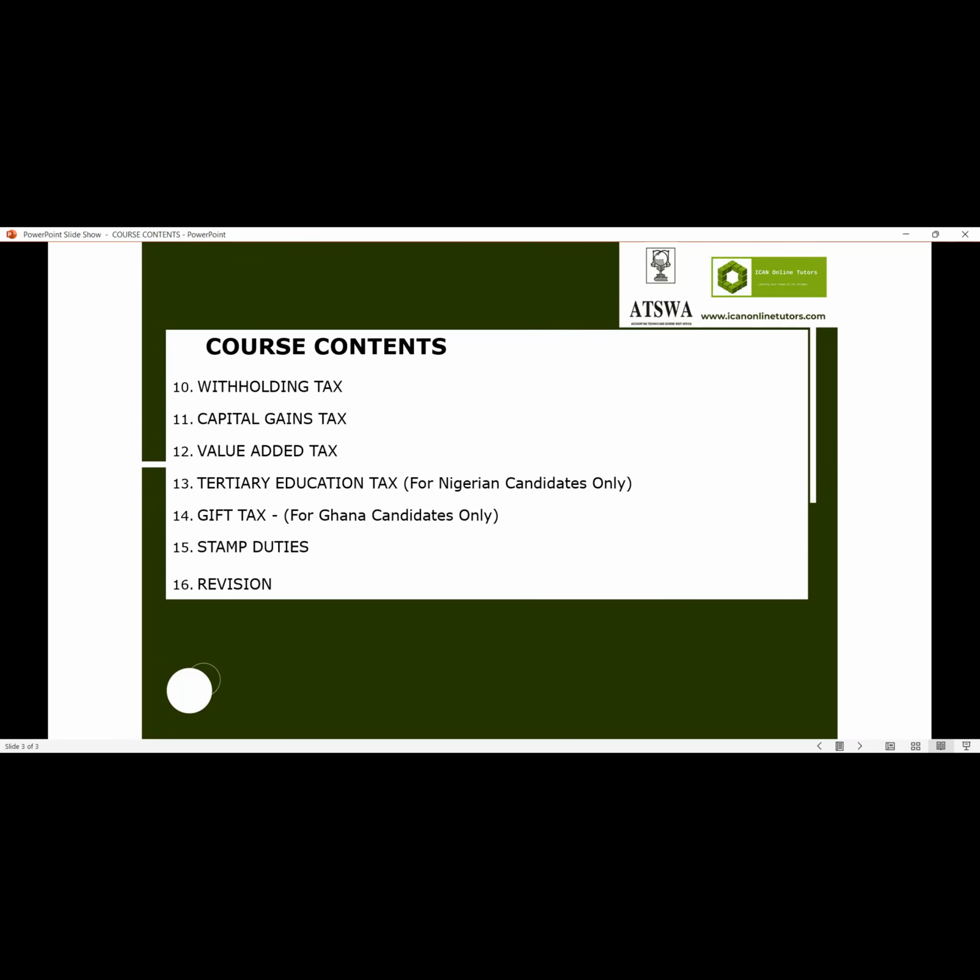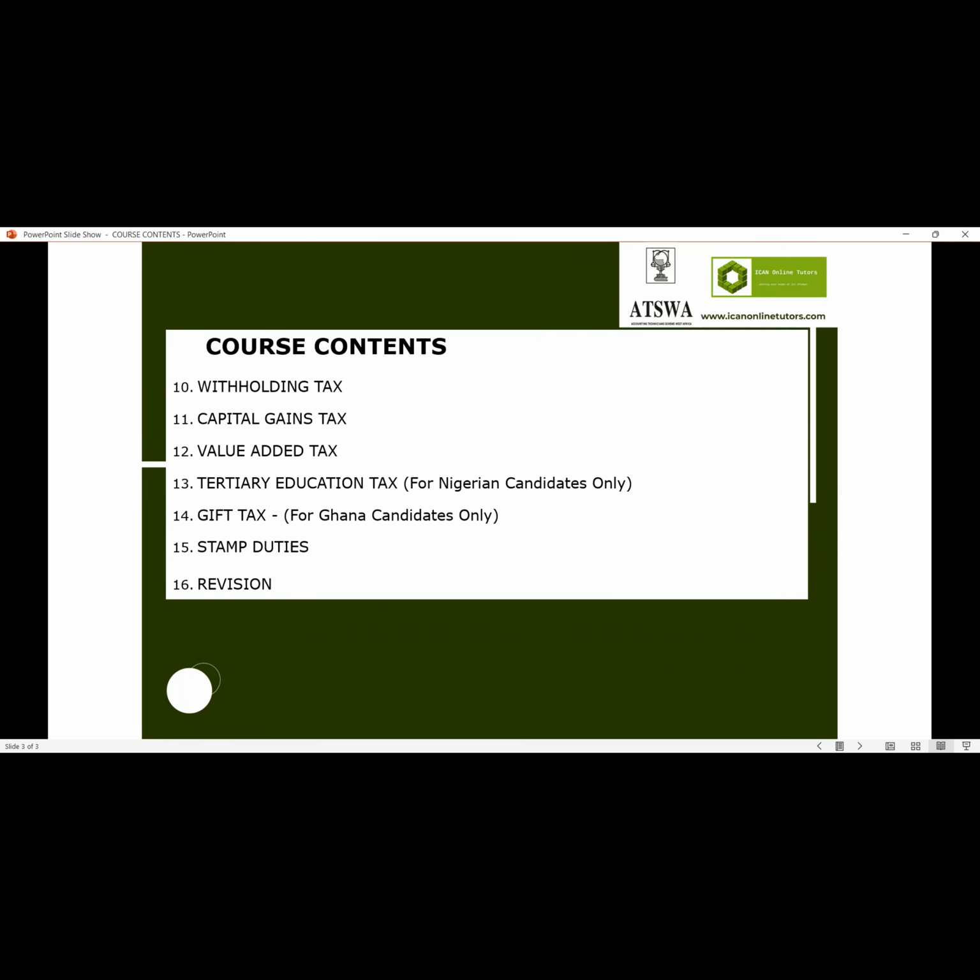If you have dividend income, this dividend income is a transaction that is subject to withholding tax. It is a transaction that is listed under the withholding tax table. So for this reason, withholding tax of 10% will be deducted at source.